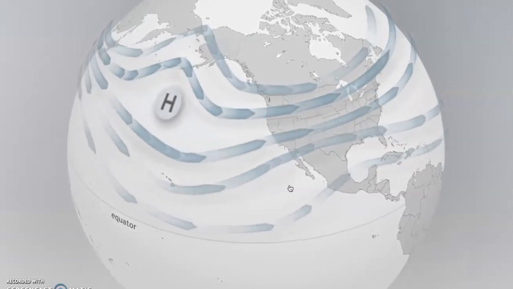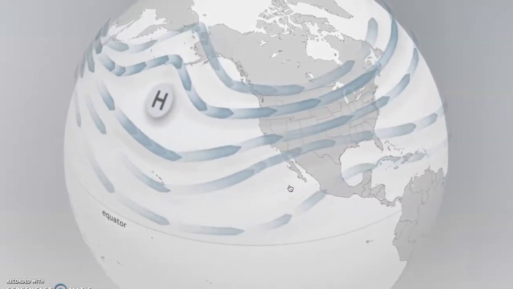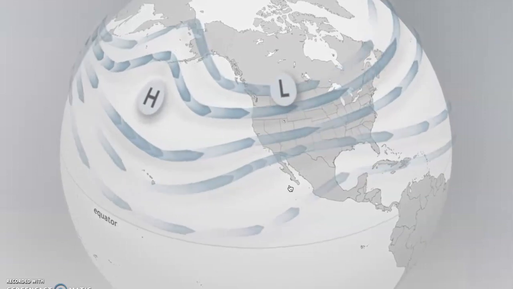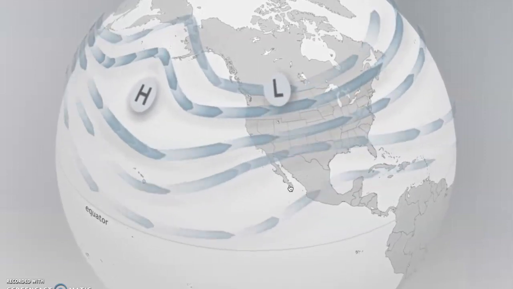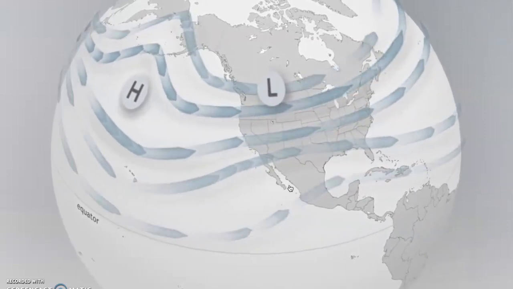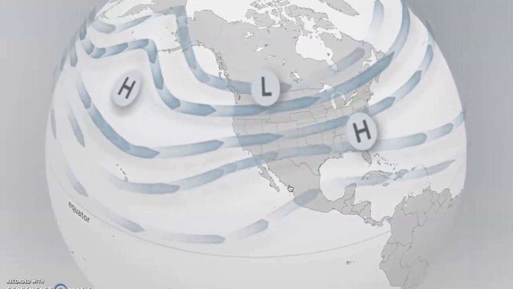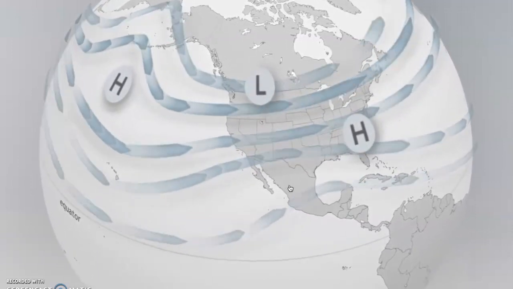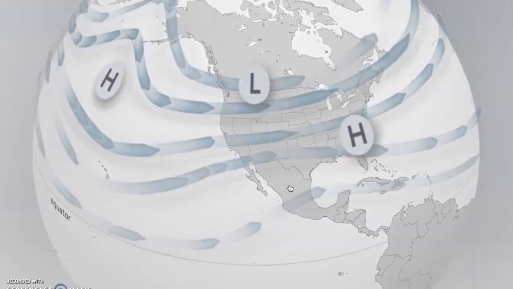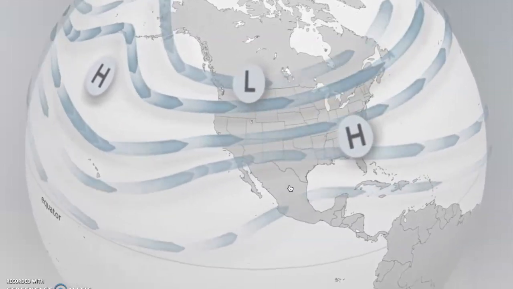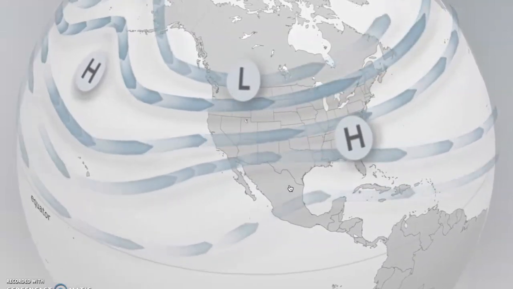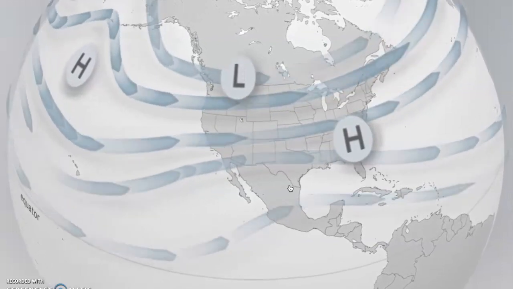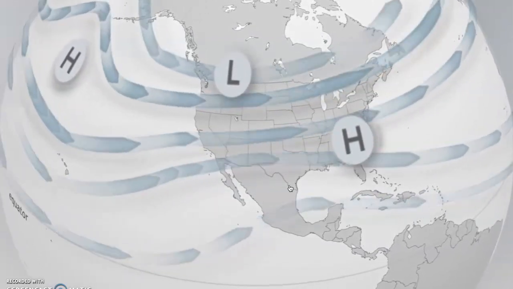Over the Gulf of Alaska, there tends to be higher than average pressures, with lower than average pressures over the western part of North America. Downstream, over the southeast, there are often higher than average pressures. This type of influence from one region to another over large parts of the globe is referred to as a teleconnection.